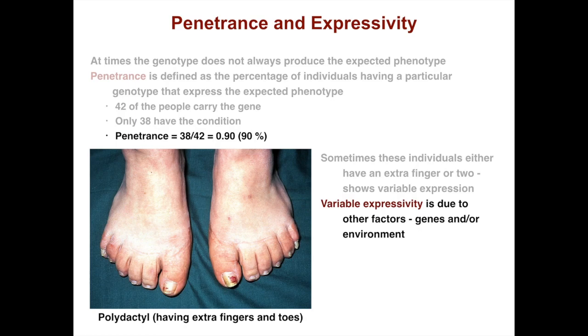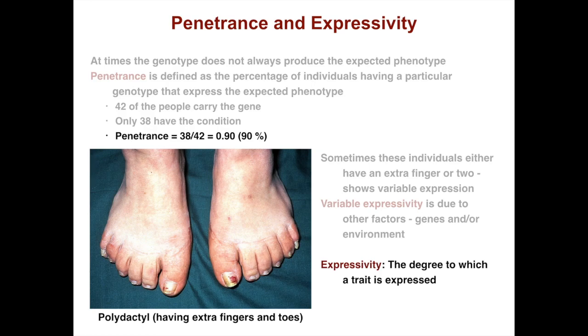Expressivity is kind of the strength of the phenotype in an individual, the degree to which a trait is expressed in a given individual. For example, if all people who were affected by this polydactyl condition only had 6 fingers and 6 toes on both feet and both hands, the expressivity of the trait would be very strong and not very variable.